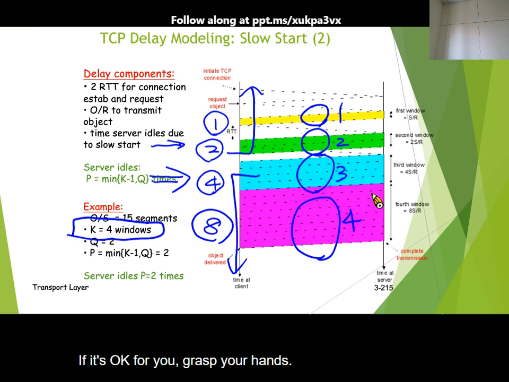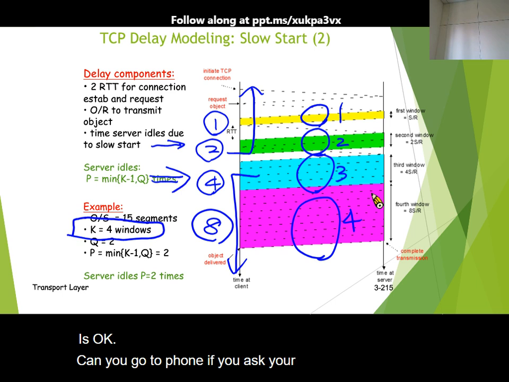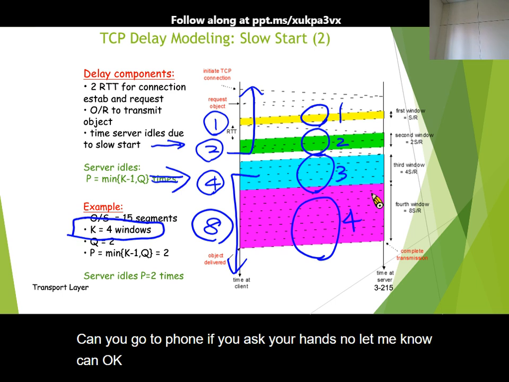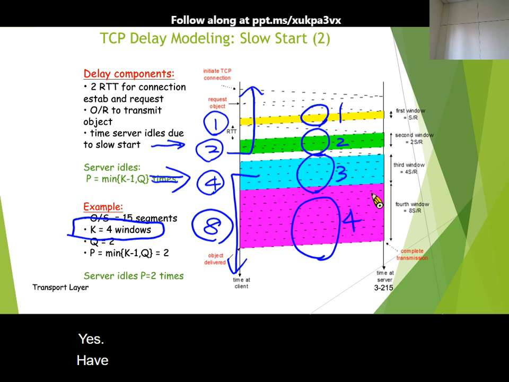Currently the example K equal to 4. Is it okay? If yes, raise your hands. No? Let me know. Ken? Okay for you? Owen? Okay. And anyone not okay with the current value K? Have some problem with the current value K? Okay, no, right?